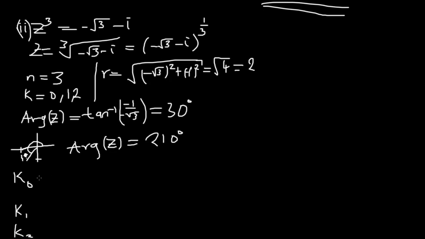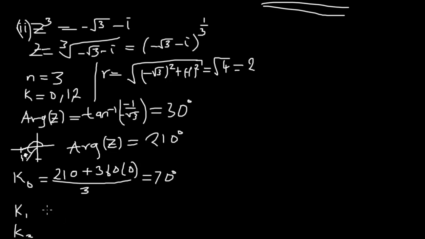So when k is equal to 0, the argument is going to be 210 plus 360, where there is k, we put 0. Then everything divided by the value of n, which is 3. So my argument there, I'm going to get 210 divided by 3, which gives me 70. So the argument that I'm going to get there will be 70 degrees.